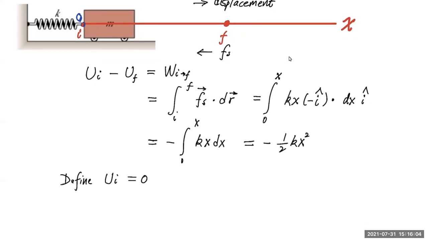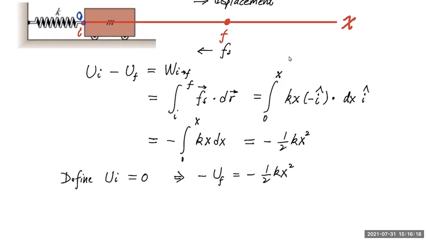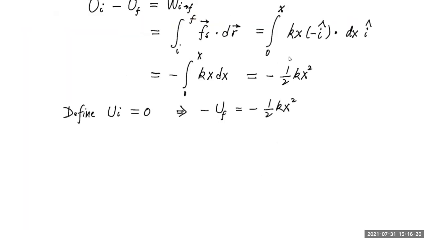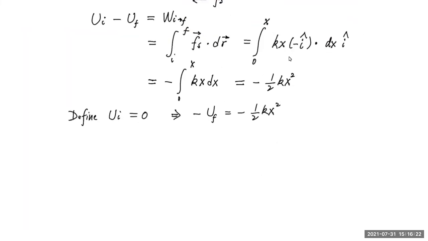Then I get negative U final equals negative 1/2 kx squared. Okay, U final is the potential energy at a certain amount of stretch of x. So U final is just U of x.